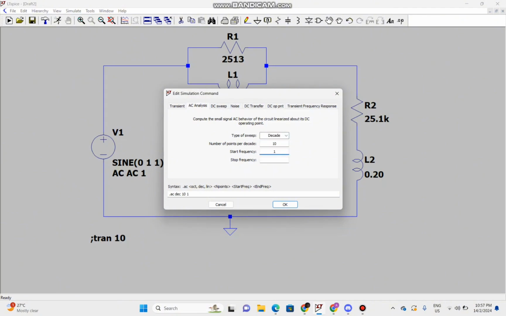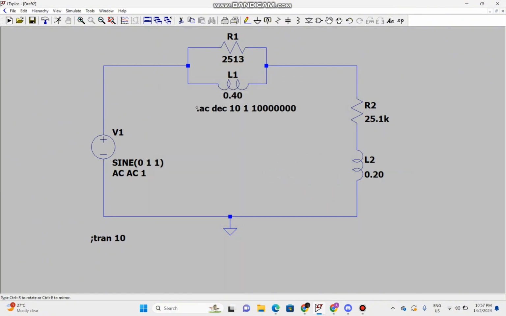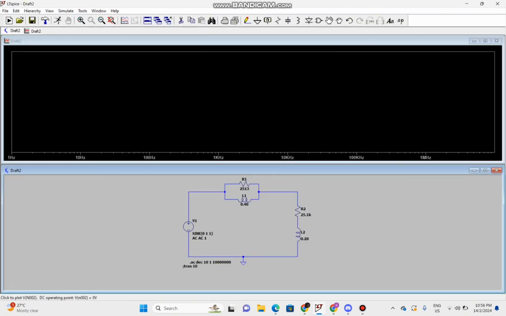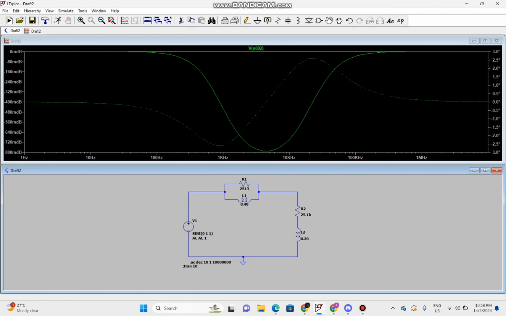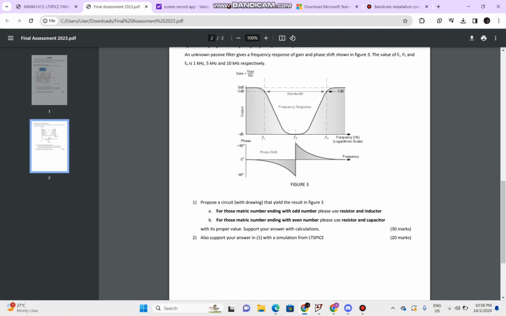Start frequency is 1. Stop frequency, put a big value to have a picture of it. Then we hit this running man to run. Then we get this band pass filter, which is the same as figure 3.